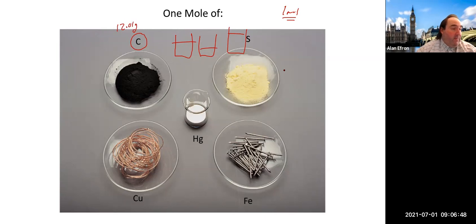If we have 1 mole of sulfur, if you look at the periodic table, you're dealing with about 32.07 grams per mole. If this was copper, 1 mole would represent 63.55 grams. And if this is iron, obviously 1 mole of it would be 55.85 grams.